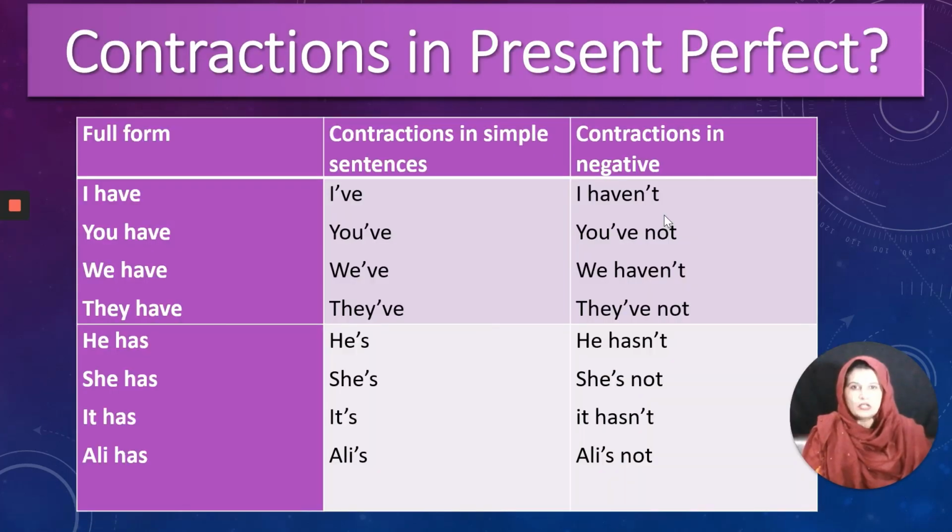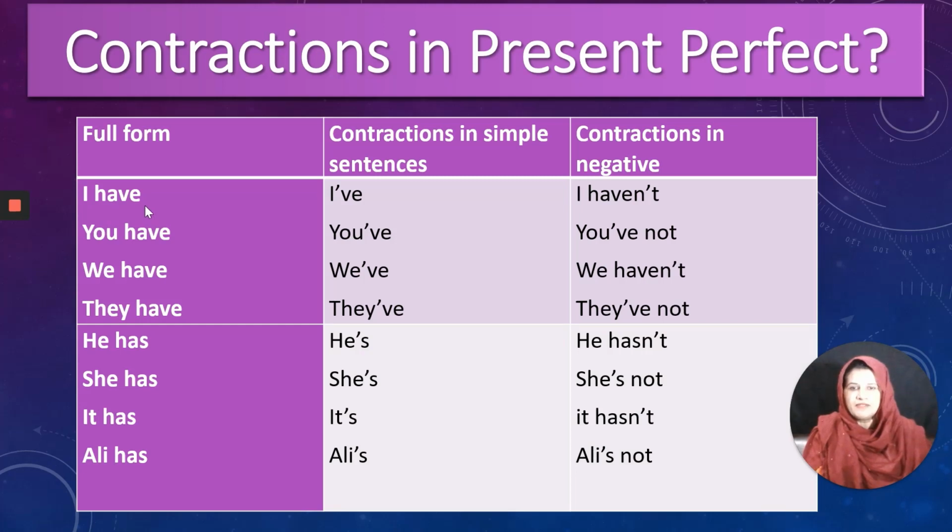So now we'll see contractions in present perfect tense. Here in this table, you can see the full form, and then you will see the contractions in simple sentences and in negative sentences. So how do we write the contractions, let's see.